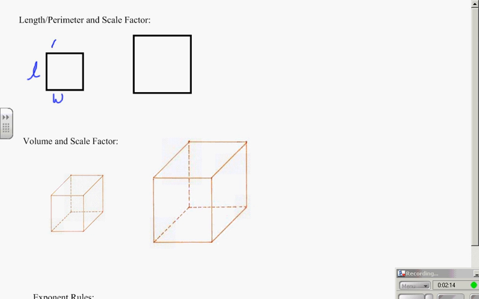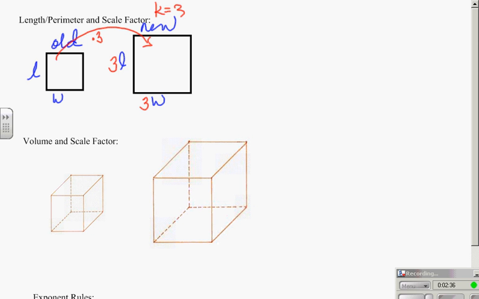If this is my original figure, and I'm going to call it length and width, and my new figure is here with a corresponding length and width, except I'm going to use a scale factor of 3. So k is going to be 3.